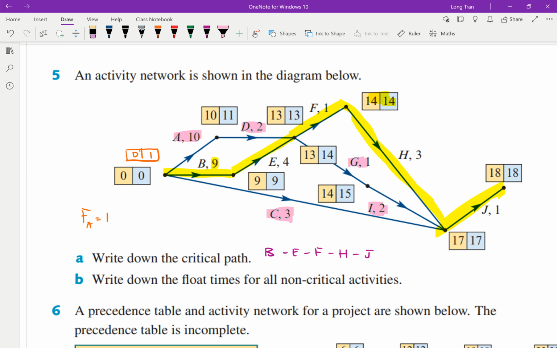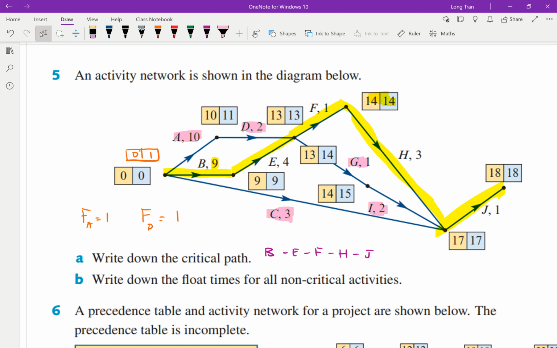So the next activity, let's say float time for D, this one is nice and easy as well, because for activity D, we can already see that its latest starting time is 11 and earliest starting time is 10. So clearly they have a float of 1 as well. So float for D is going to be 1.